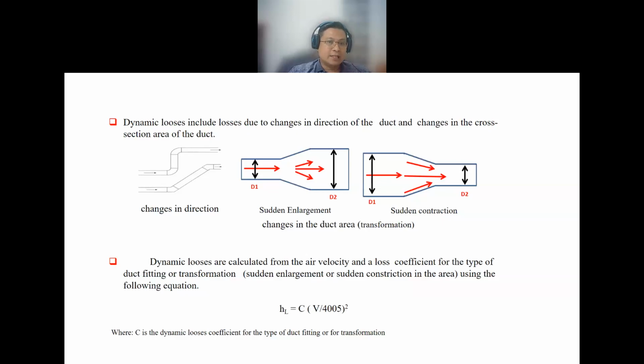And then another is contributed by sudden enlargement or sudden contraction. So these also contribute to the head loss. It's the total loss. Then the total losses by instrument will be added or summed into one final head loss.